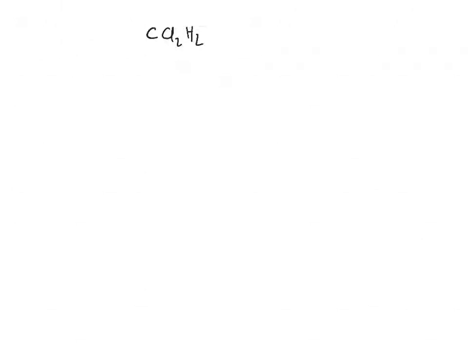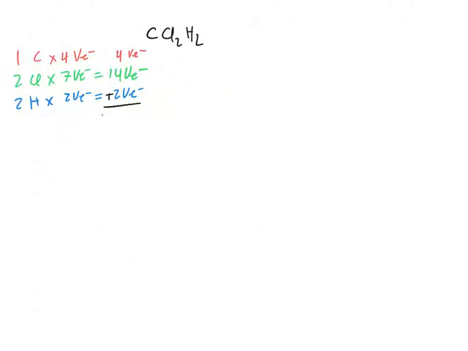So in this case, I have my central atom, which is carbon, and I have 2 chlorines times 7 valence electrons, which is 14 valence electrons, and then 2 hydrogens times 1 valence electron each, and then 4 valence electrons for the carbon, and we add all of that up, and we end up with 20 valence electrons.